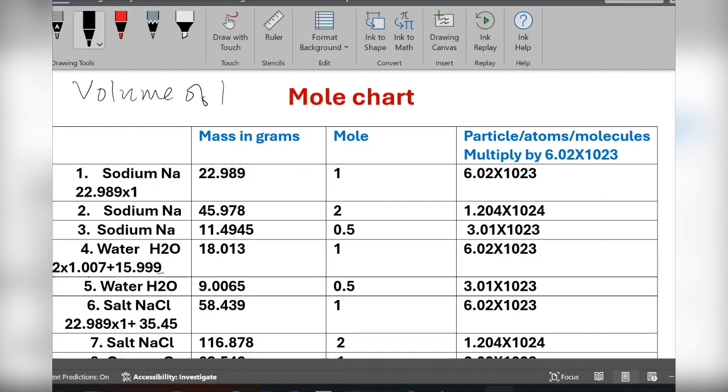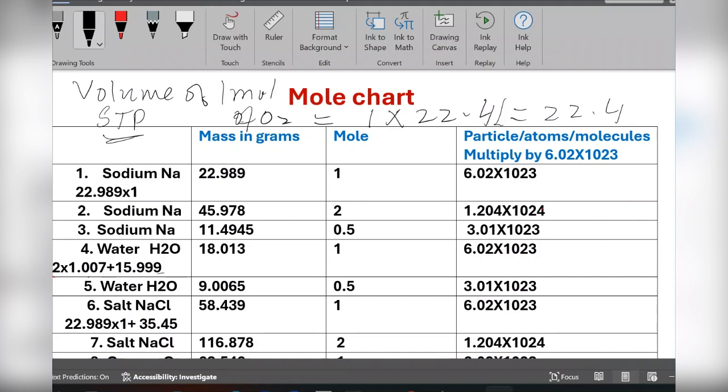Oxygen gas. 1 mole of O2. What is the volume? 1 times 22.4 liters. That's what mentioned in the previous slide. 1 mole of any gas, 22.4 liters. The answer would be 22.4 liters. When gas is at STP.